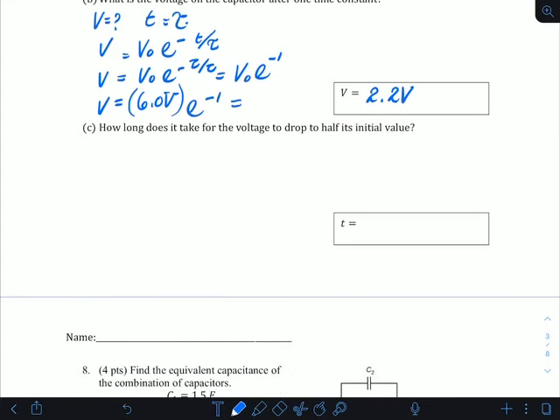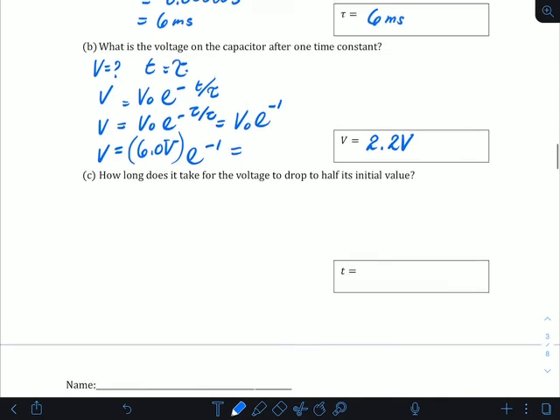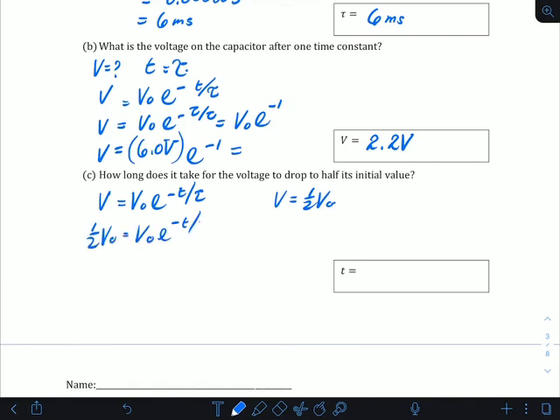Then the next question asks, how long does it take for the voltage to drop to half its initial value? So again, we're going to start with our equation, V equals V naught e to the minus t over tau, but now we're going to make V equal to half of V naught. So half V naught equals V naught e to the minus t over tau. And in this case, the V naughts cancel.